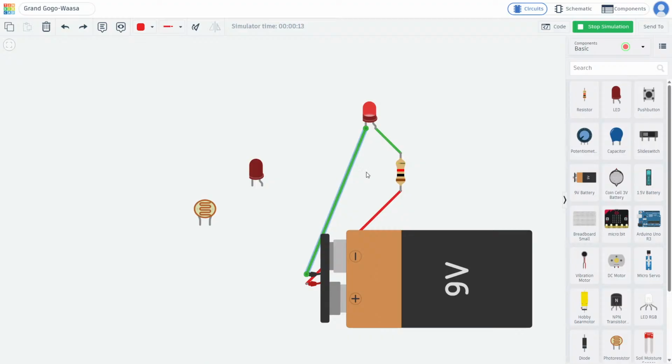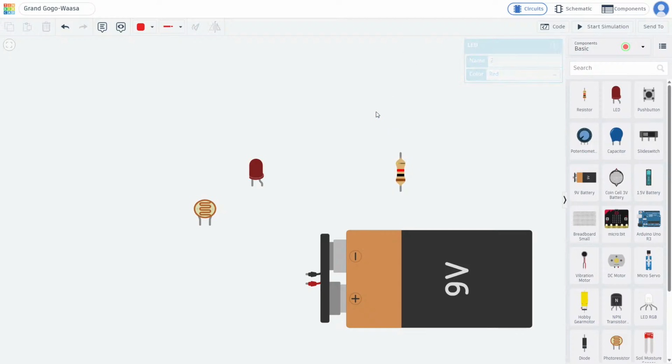Okay, right. So we are not interested in lighting up LEDs, but we want to see the impact of the LDR on the LED. So let's do that, right? So we found out that the lowest resistance of the LDR in this situation is around 506 ohms.